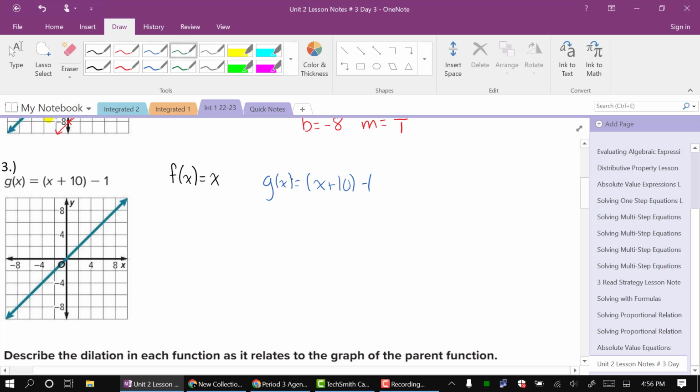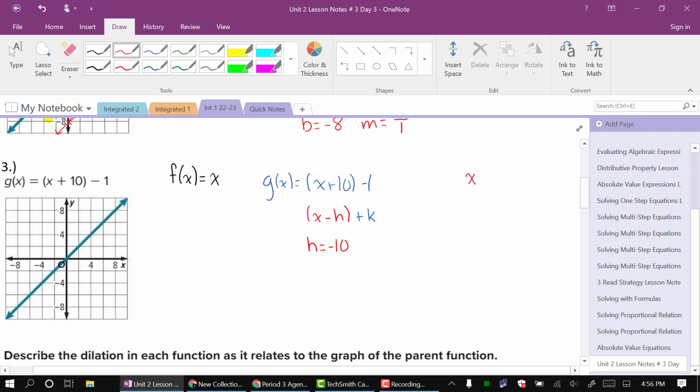My equation for my horizontal shift comes from x minus h, and then my k would be a plus k on the end. So if I look here, I have the opposite of both of these. I have a positive 10 here, so that means my h value is actually going to be a negative 10. Why is it a negative 10?